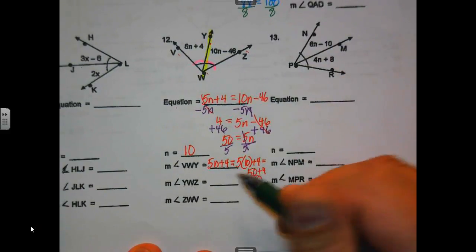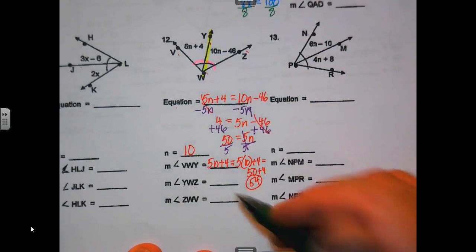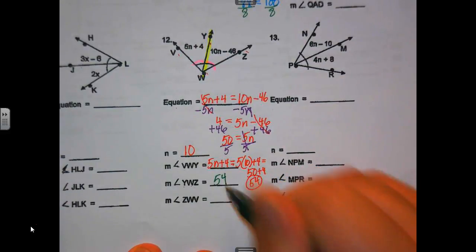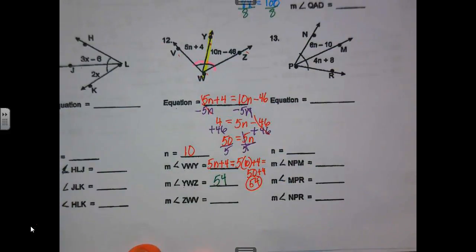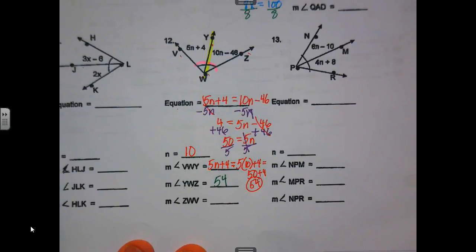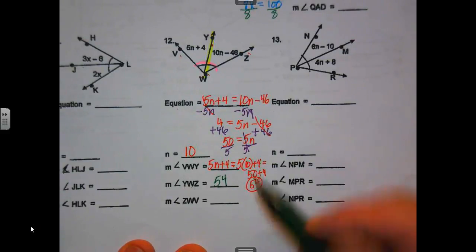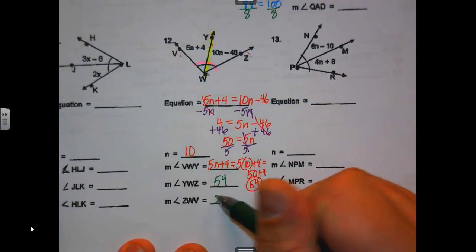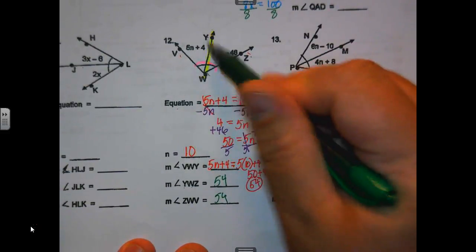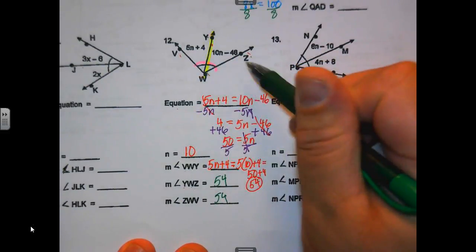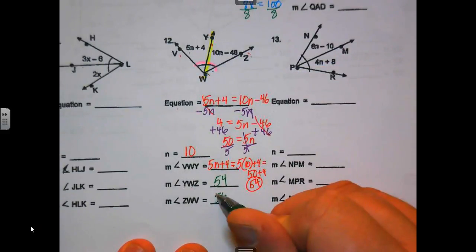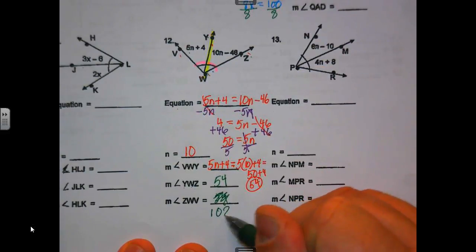Or I could just say, since that's an angle bisector and they're equal, that it's 54. And what's the measure of the big angle? ZWV is double that. 108. Wouldn't be the first time. It's usually worse.